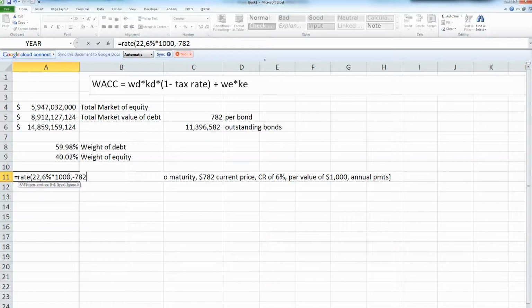You've got 3 amounts that you can enter: present value, future value, and payment. At least one of those has to be negative, and at least one has to be positive. I make my present value negative because that's the price I'd have to pay today to buy the bonds. So the 782 is my present value. The future value is that $1,000 par value.